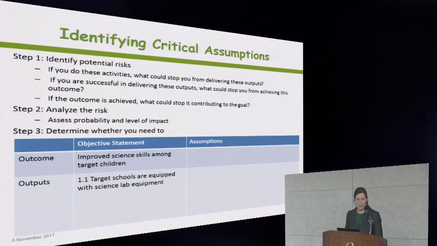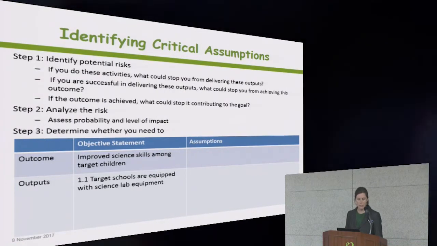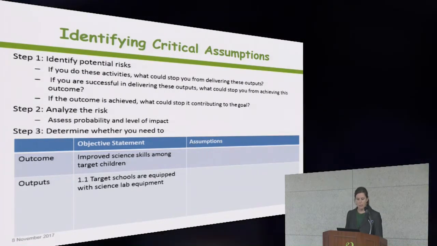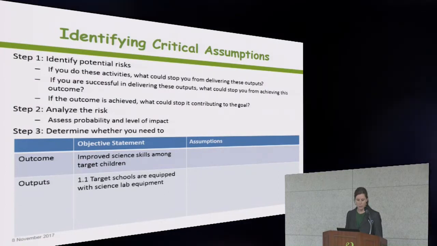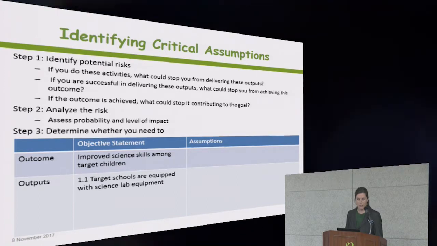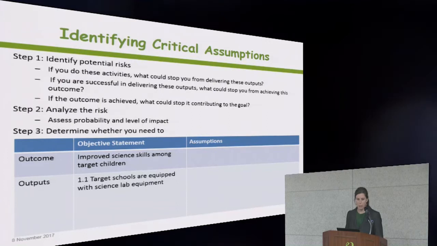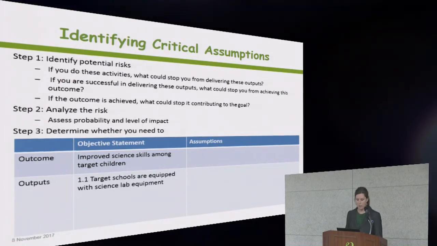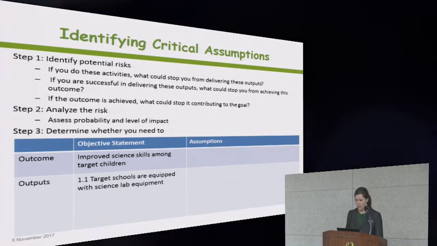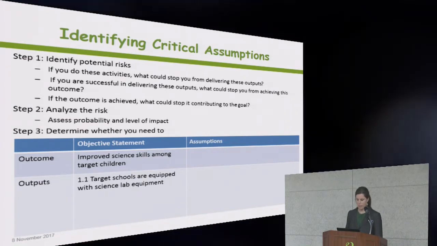So we think that if we provide science lab equipment to these schools, then we'll see the outcome, which is science skills among the target children are improved. So that's our output and our outcome, and you can see there's some gaps in between the output and outcome. So we want to ask ourselves, what are the gaps? What's missing in between here?